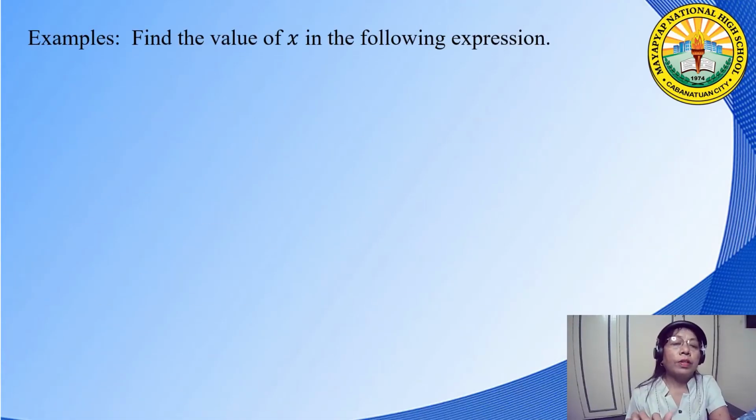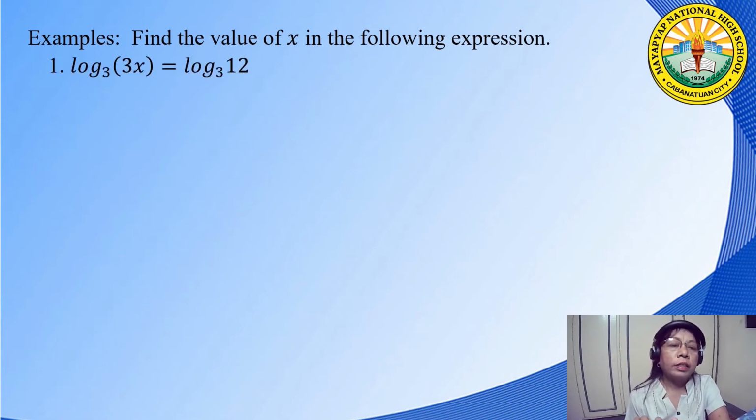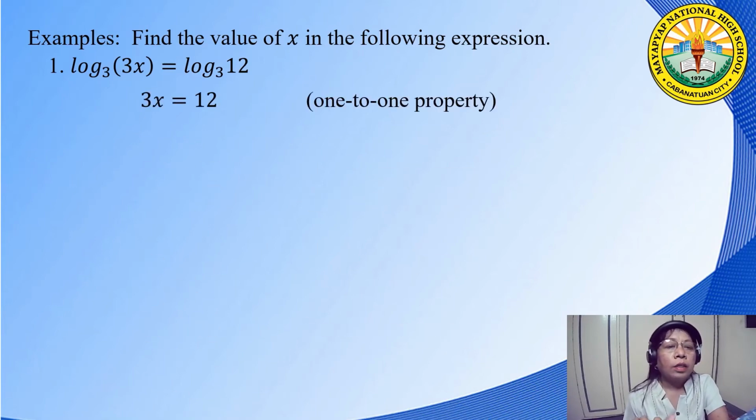Example, find the value of x in the following expression. Logarithm of 3x to the base 3 equals logarithm of 12 to the base 3. So same bases, so you may apply the one-to-one property. Therefore, u equals v.